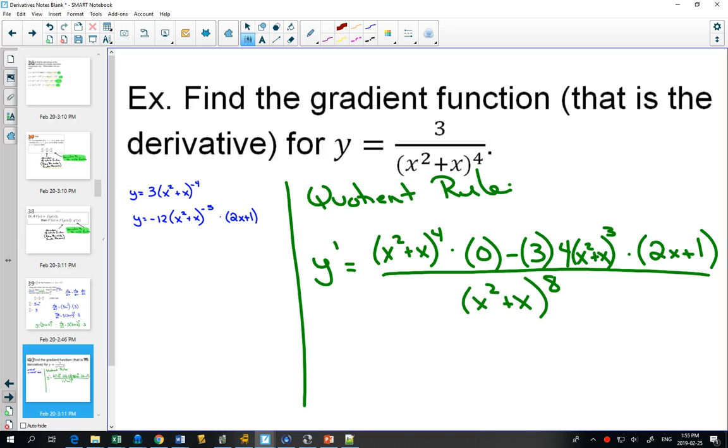That's your quotient rule. Do these two answers look the same? Well, not yet. If I simplified this one, I would have negative 12 times 2x plus 1 over x squared plus x to the positive 5 if I move that exponent down.